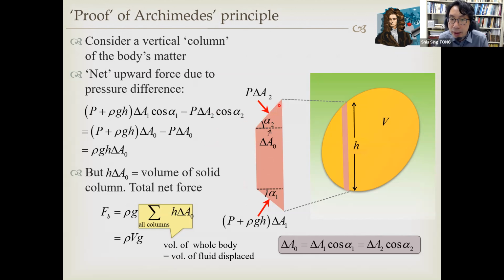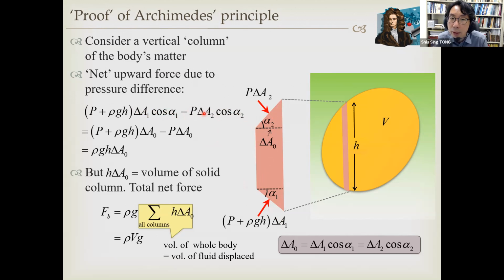Now, you can easily see from this right angle triangle that delta A1 cosine alpha 1 is just delta A0. Delta A2 cosine alpha 2 is again just delta A0. So this factor is common. They are equal.